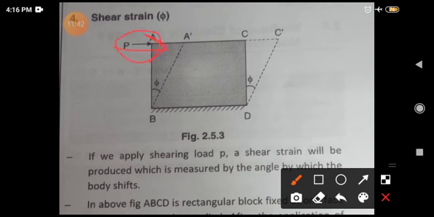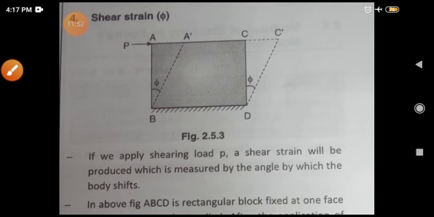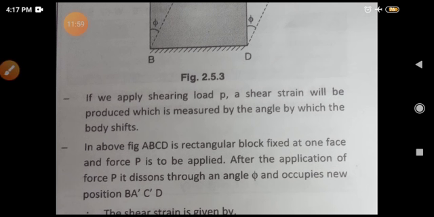Now the deformation has occurred, the body has shifted to this new position. You can see the deflection is given in terms of phi. Phi is the deflection. If we apply shear load P, a shear strain will be produced, which is measured by the angle by which the body shifts.